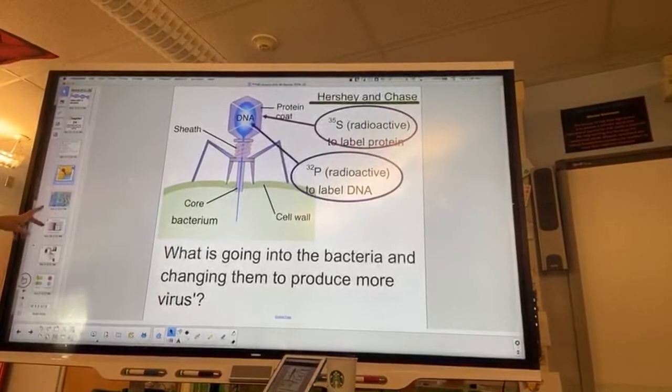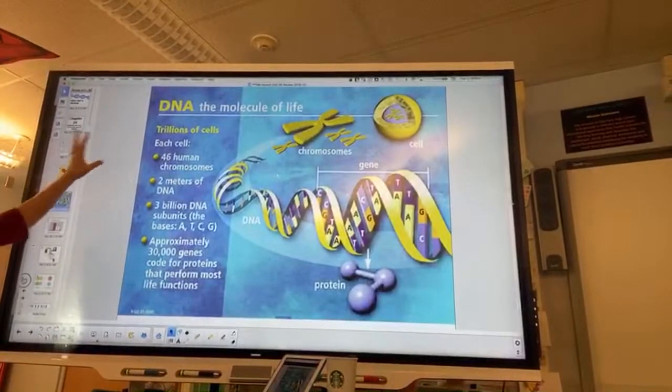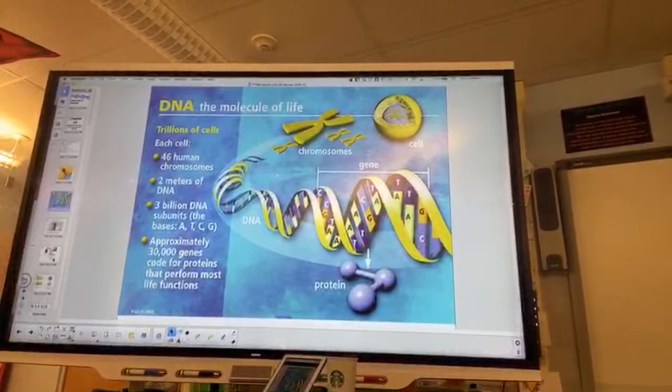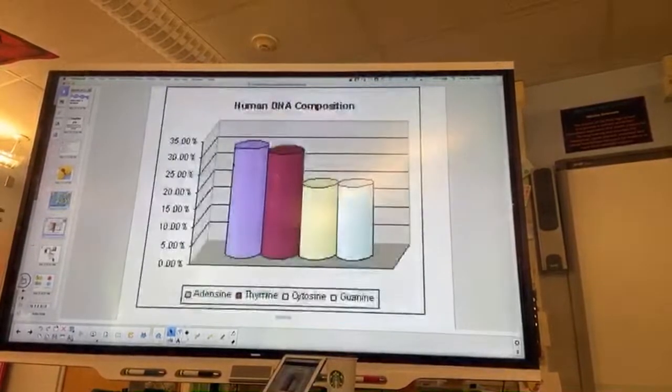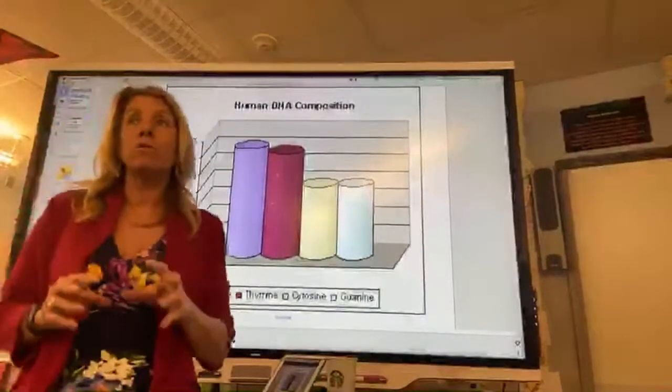Then we talked about kind of the overview about DNA. We have 46 chromosomes, 2 meters of DNA. It's very, very tiny. There's about 30,000 genes on our DNA, right? A gene is a series of nucleotides. But there was somebody who did an experiment looking at adenines, thymines, guanines, and cytosine.